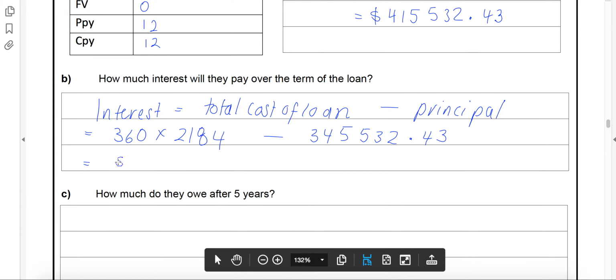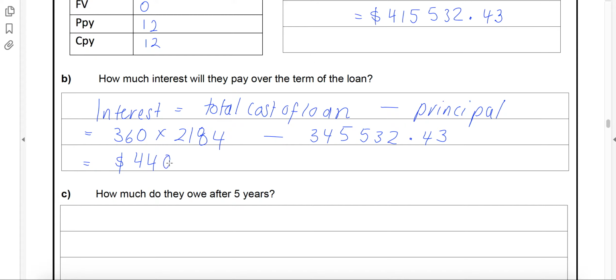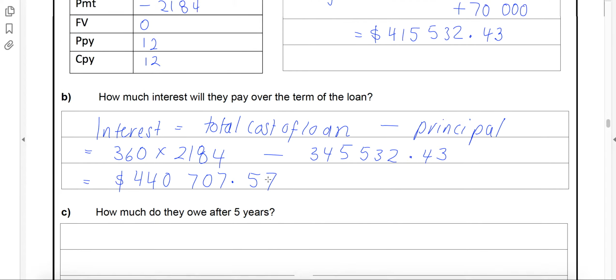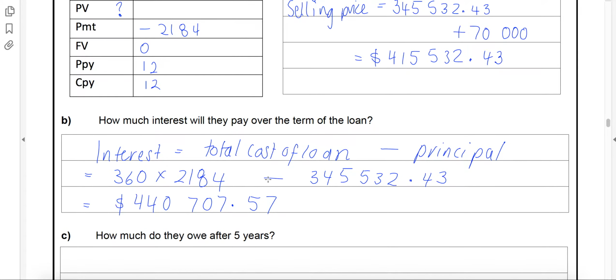Okay, so don't fall off your chair, but if you have a look, yes, you're reading this correctly. $440,707.57. So obviously the reason most students are quite alarmed by this when you do this calculation is if you have a look at what they bought the house for to begin with, the house only cost them $415,000.